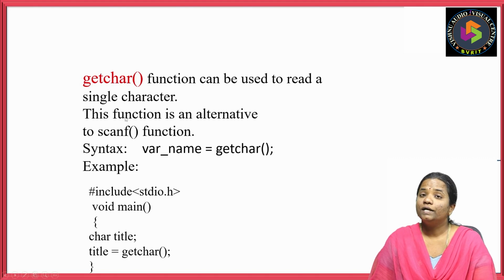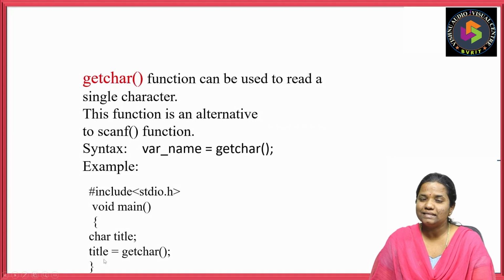For example, if you observe the syntax, here it is variable name equal to getchar function. In this example, I am taking title as the variable name and it belongs to the character data type.